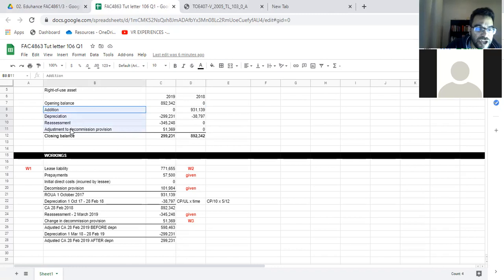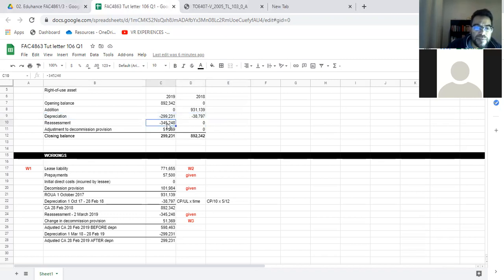Those four items changed the balances. But remember, only a transaction has a possibility of impacting the income statement. So the only one that has an impact on the income statement is that line item over there.